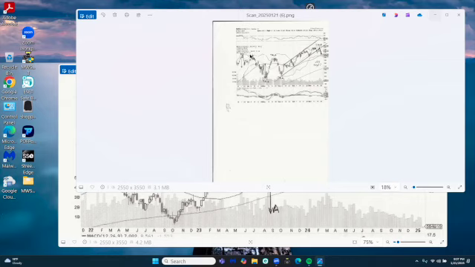Now those numbers come out in decimals: 0.382, 0.618, 0.786, 0.886, and then ones, 1 plus 618, 1 plus 786.